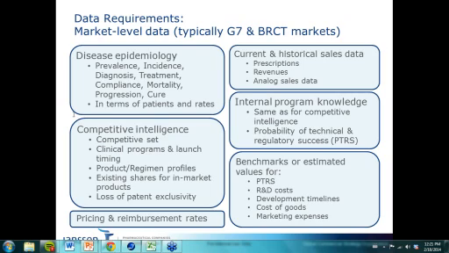So those countries constitute the G7 markets. And then, of course, there are the BRIC markets, which are Brazil, Russia, China, and Turkey, and they may or may not come into play for certain markets or certain kinds of assessments, or they may come into play later on in time.